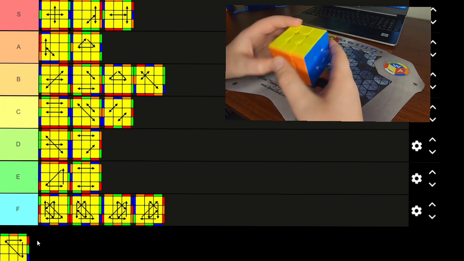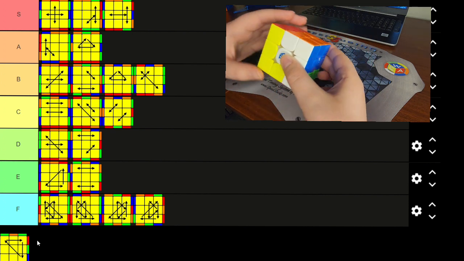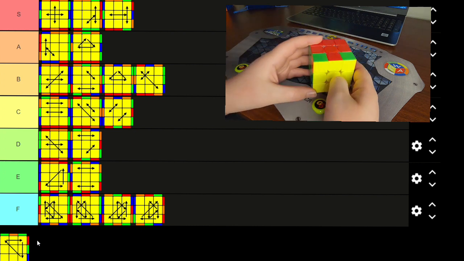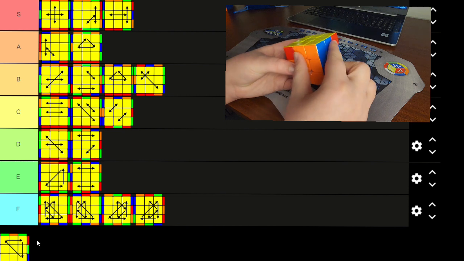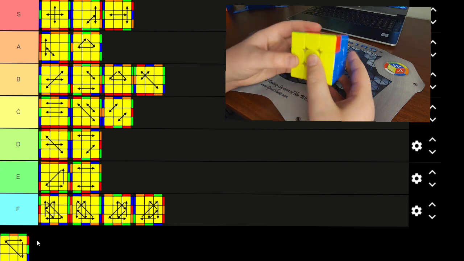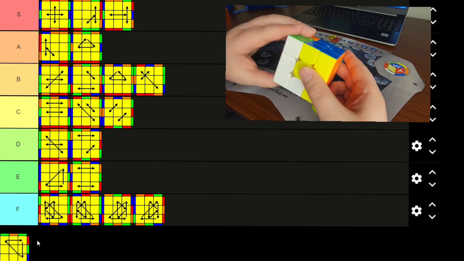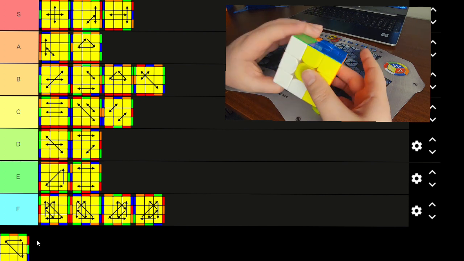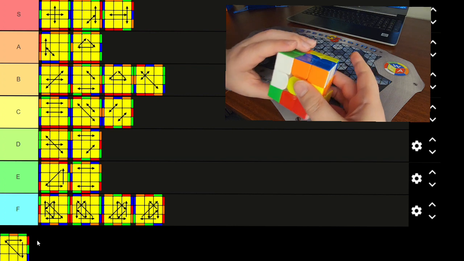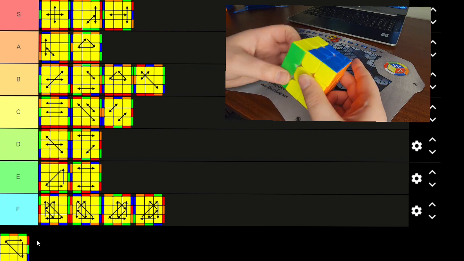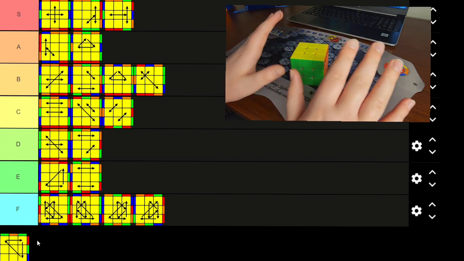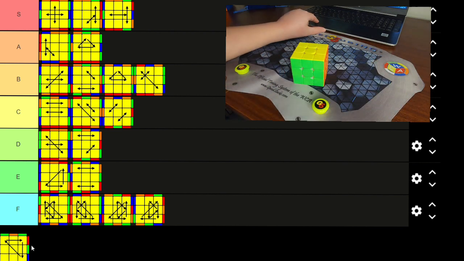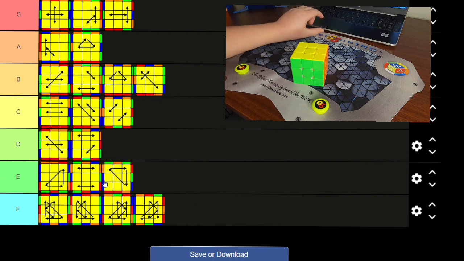Okay, so it's this case. You would have a big block right here and headlights over here. You would do this. Nope. Okay, yeah, you can probably tell why I don't like that algorithm. So it's going in E tier.